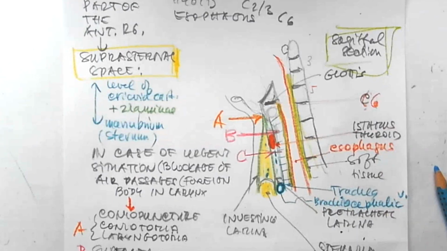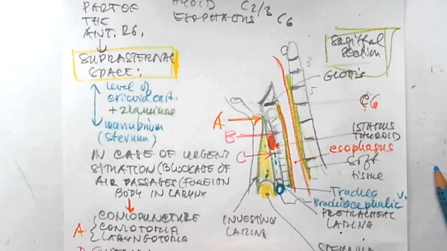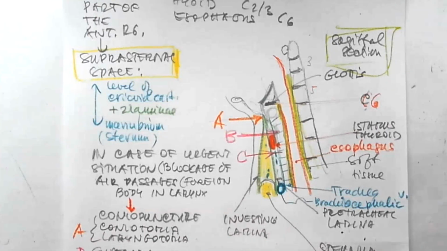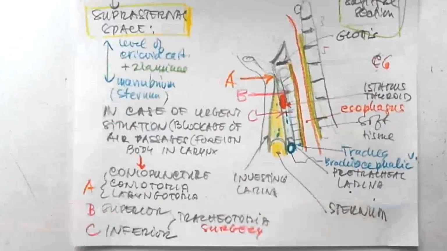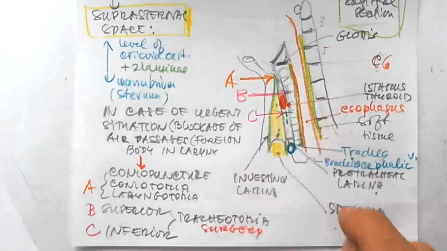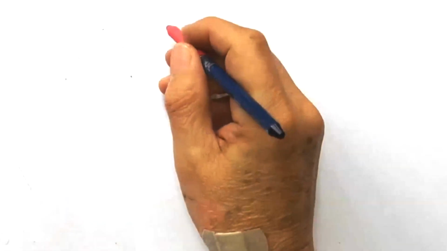I just put here tracheosurgery, right, because this is only possible to do in the surgery department. Correct. So we completed the anterior region of the neck, including the important suprasternal space. Correct. Done.